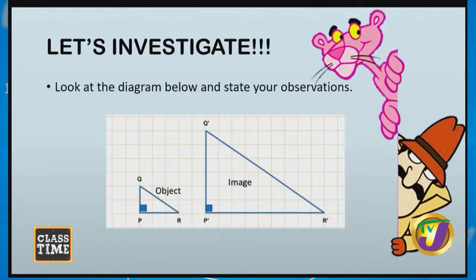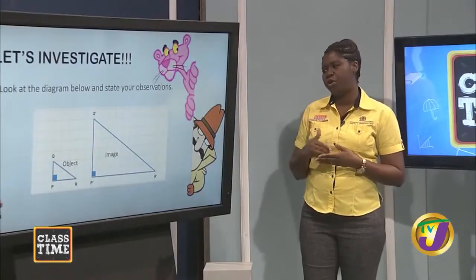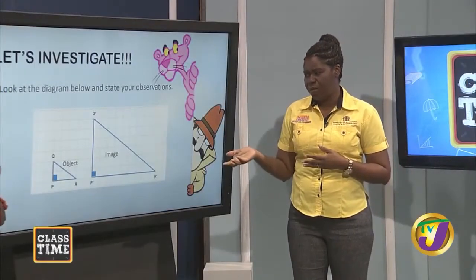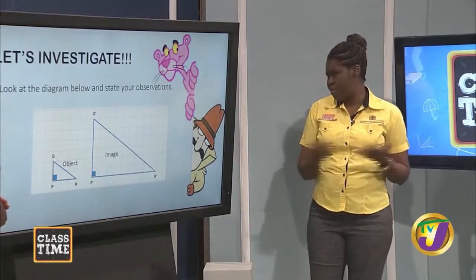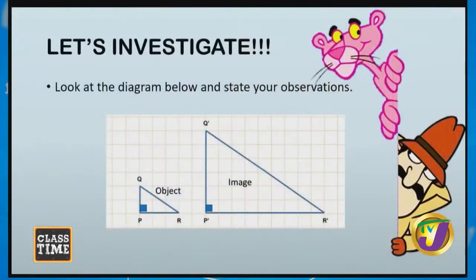Okay. Is there any relationship? I heard you mention PQ, first of all, you spoke about object and image. Based on previous lessons, we would have realized that the object is the shape that would be going under transformation, and the image would be what would be produced.